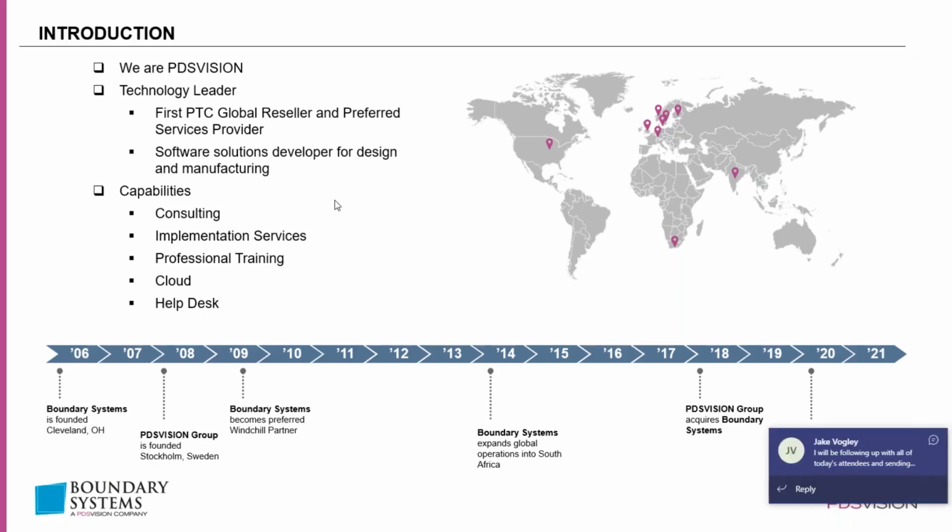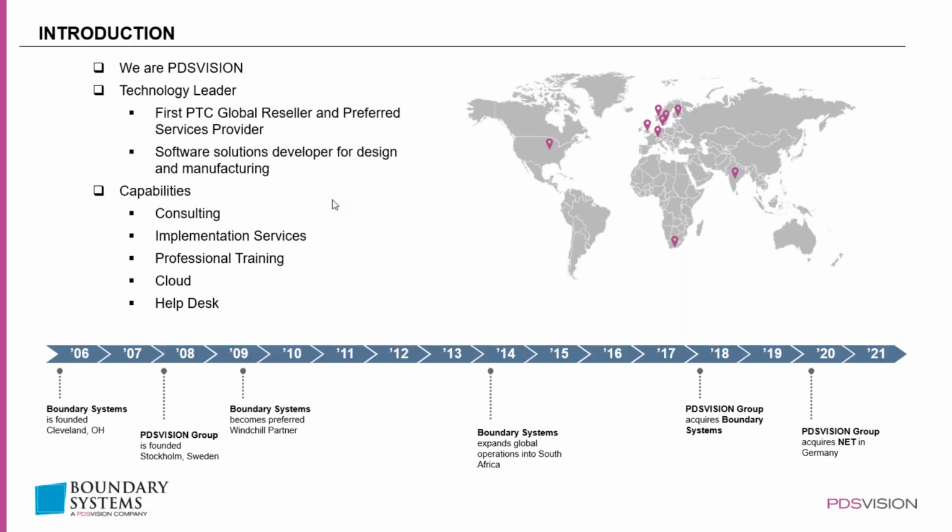And then all the way in 2018, we were acquired by PDSVISION in Europe. So we have been a part of PDSVISION since 2018, but we didn't actually switch our name until the first of this year. But we are still completely run as our own operation in the United States. Nothing has changed since the first of the year, besides our name.